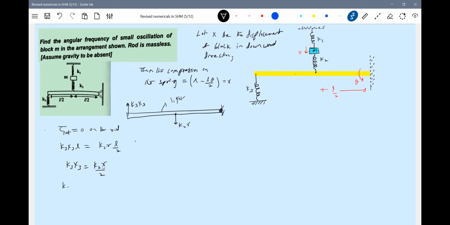Okay, let me substitute. K2 by 2, R will become... who is undergoing displacement? The block. So what is the problem here? Theta and X3. What is X3 equal to? Shall we write L theta?